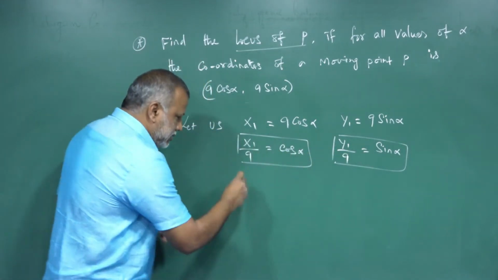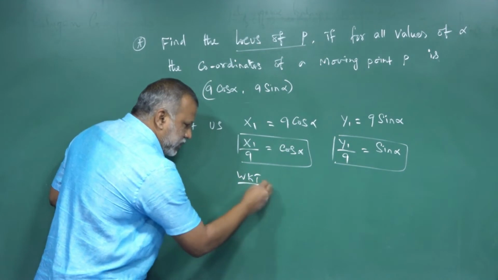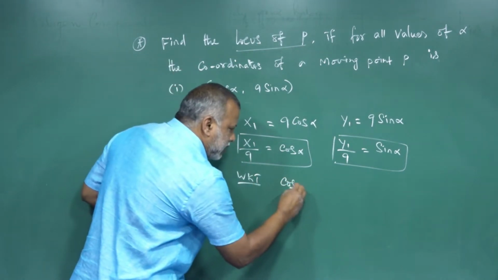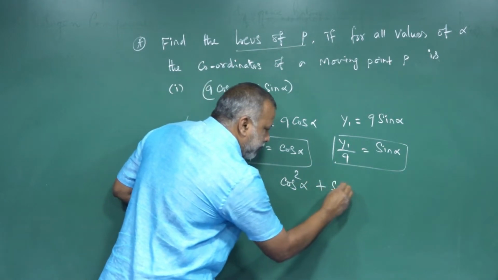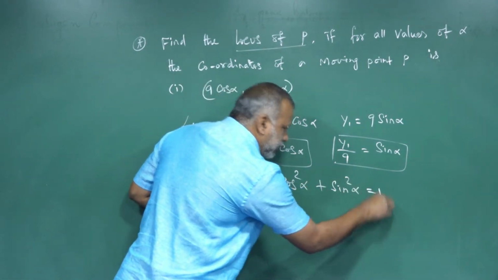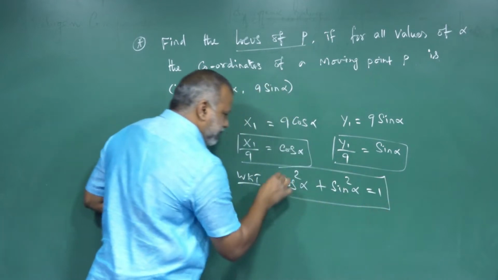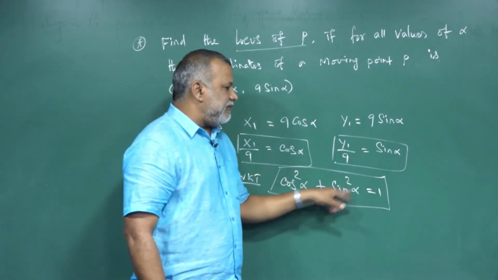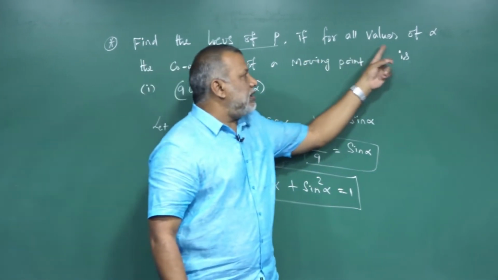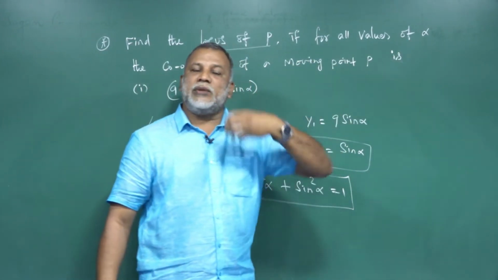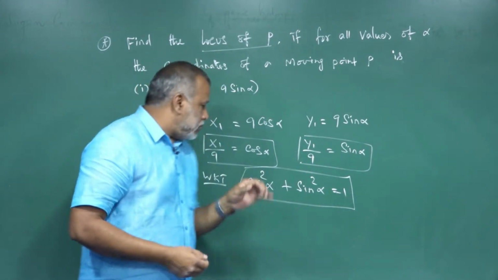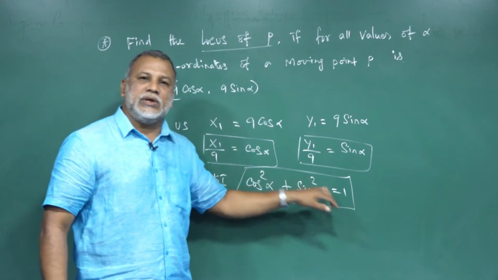We know the trigonometric identity: cos squared alpha plus sin squared alpha equal to 1. Here alpha is the variable, so we can take any value.